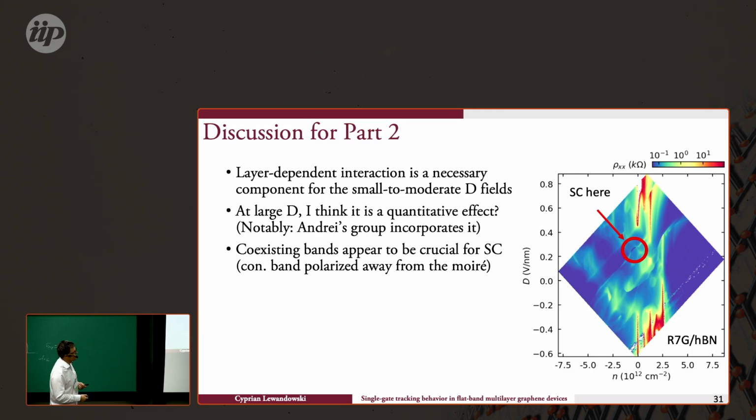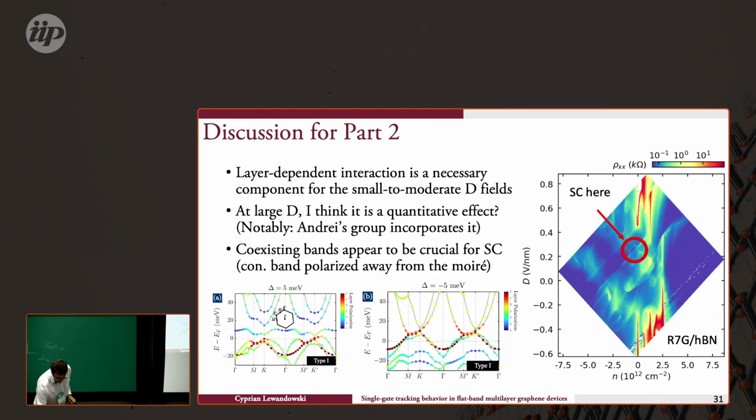So Matt actually has a paper, it's in the same paper, he has data which is 7 layers aligned with HBN, and then he sees pronounced superconductivity only for a particular sign of a D field, and that corresponds to a conduction band which is polarized away from the Moiré interface, and we can capture that in a mean field too.